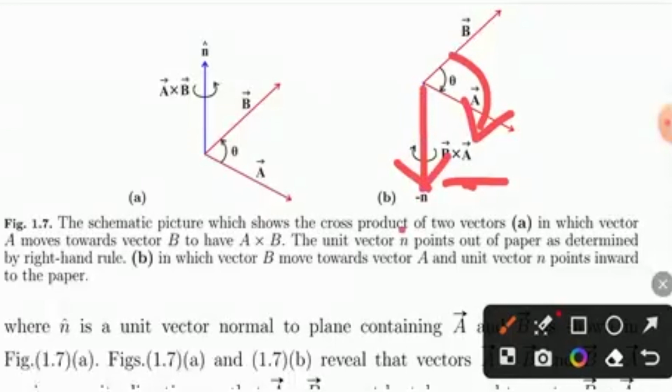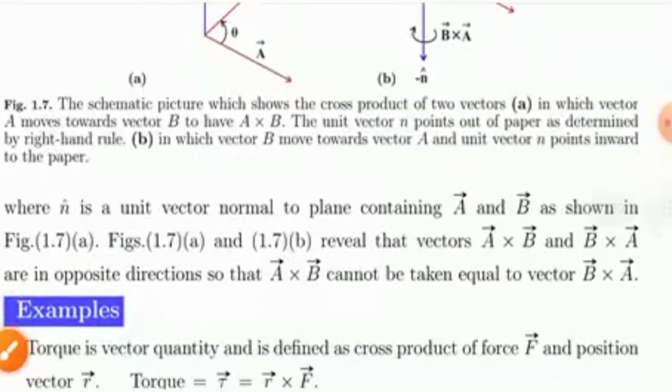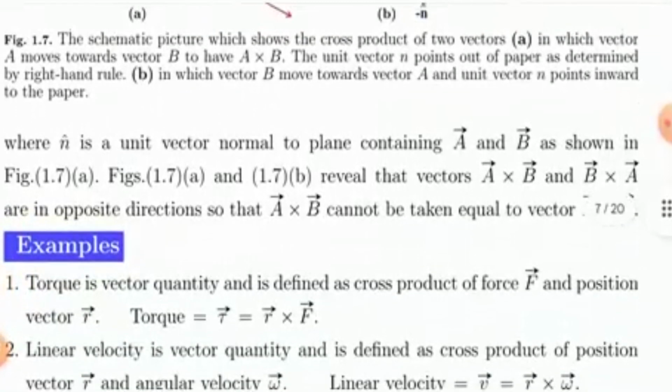Here we use the minus sign with this normal unit vector, because if the above direction is taken as positive, then the downward direction is taken as negative. So from this we can conclude that A cross B is not equal to B cross A, because both will generate two different results.